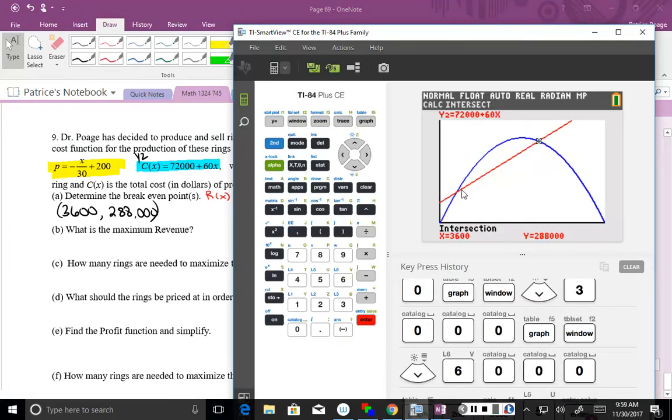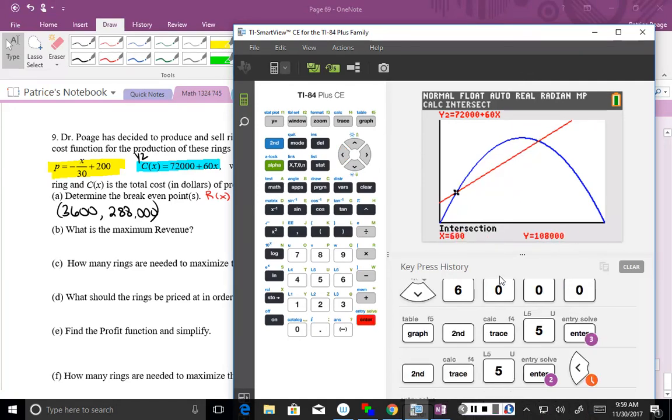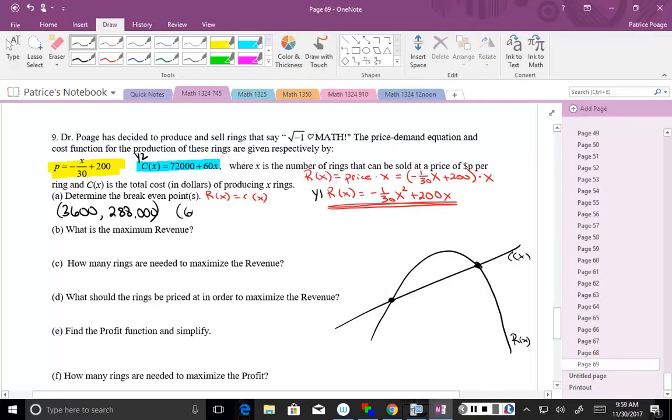I need to find the smaller one, so I'm going to go to second trace, number 5. First curve enter, second curve enter, and I got to change my guess to the other one, enter. And that one's at 600 and 108,000. Those are my 2 break-even points.